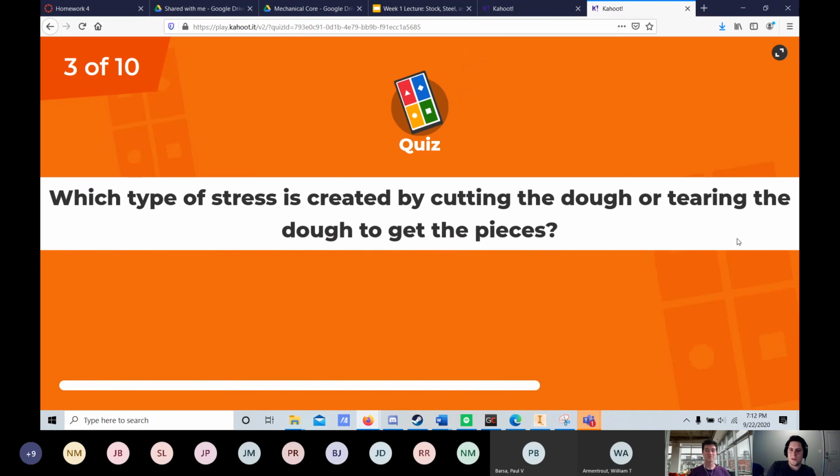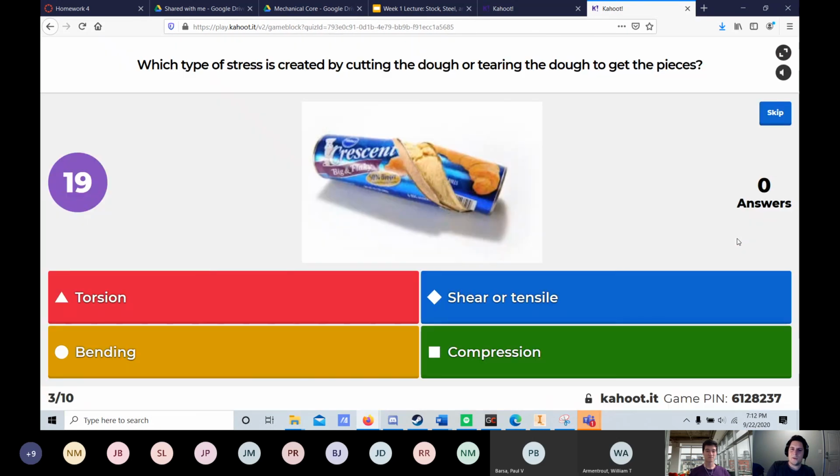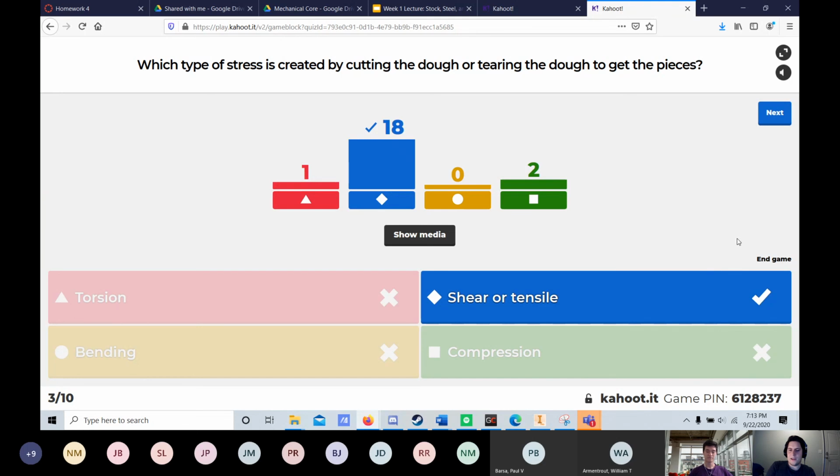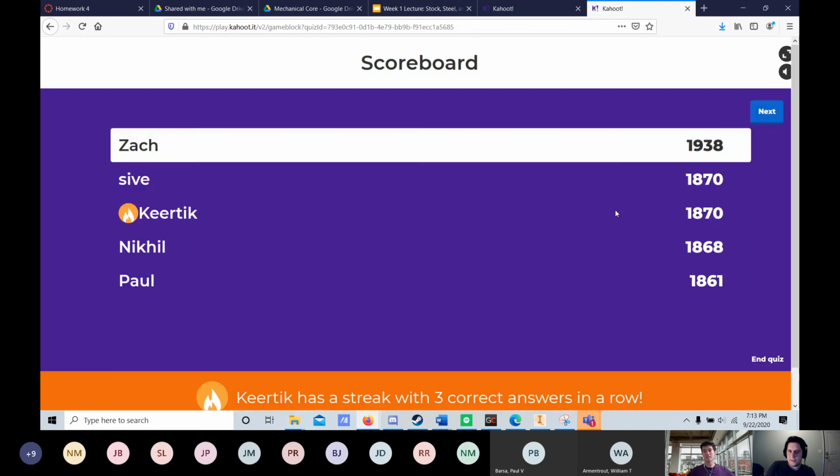So the next question is, which type of stress is created by cutting the dough or tearing the dough to get the pieces? Shear or tensile? All right, very nice. Let's keep going. Yeah, in your material science class, you'll find that tension does cause shear on the inside of things, but you don't have to worry about that too much.